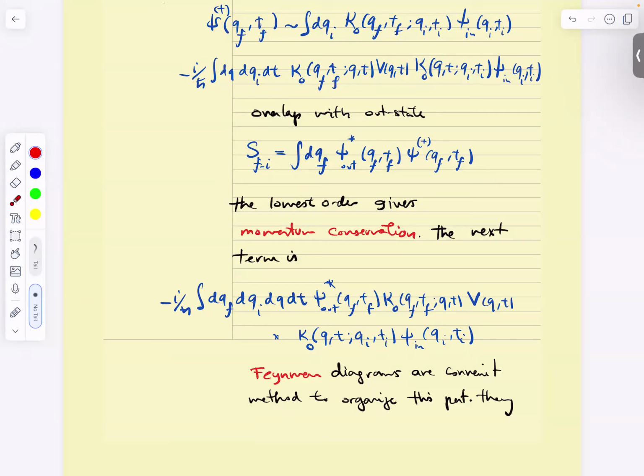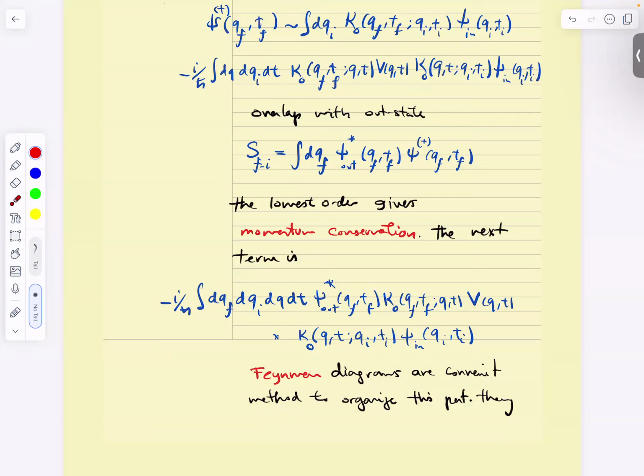This is q_i, and I'm integrating over dq_i. I'm using Schrodinger notation, so I shouldn't put this. Then dq_f, right?